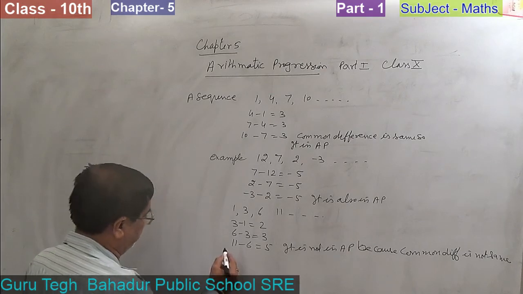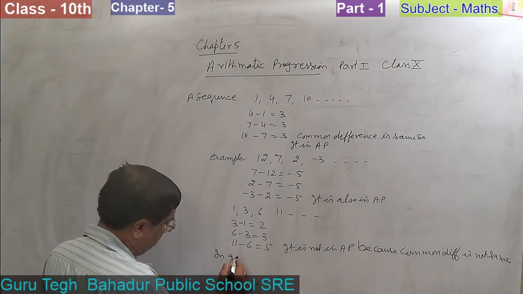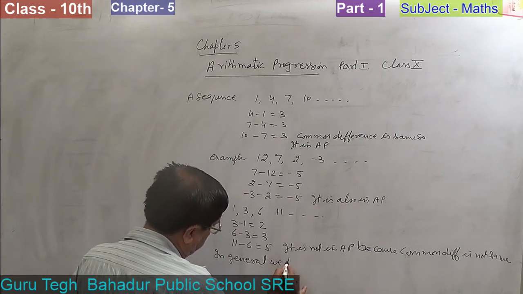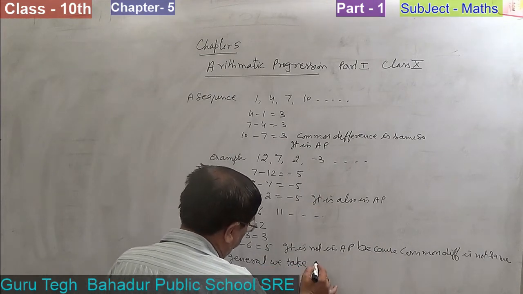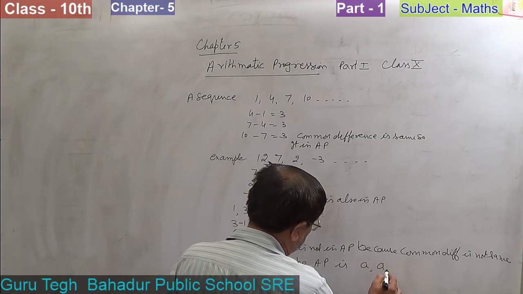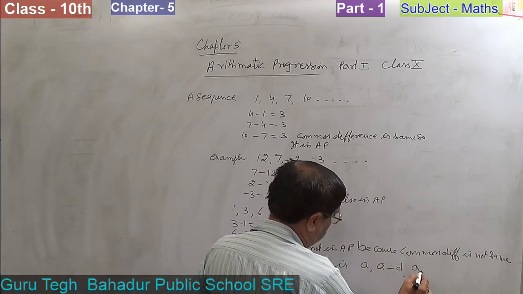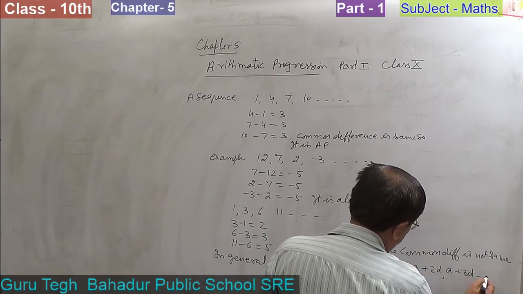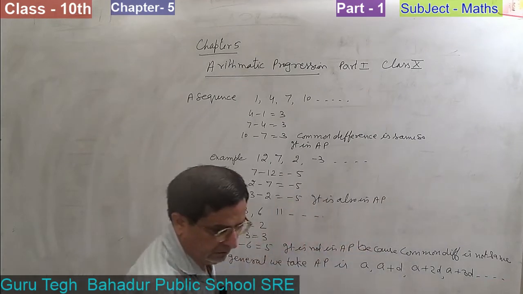In general, an AP is a, a plus d, a plus 2d, a plus 3d, and so on.